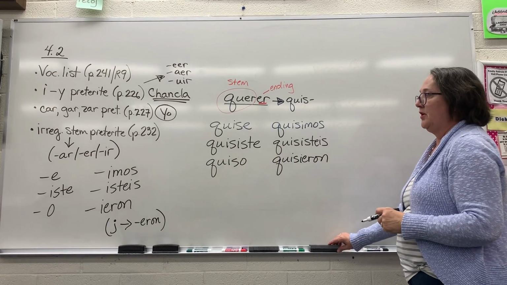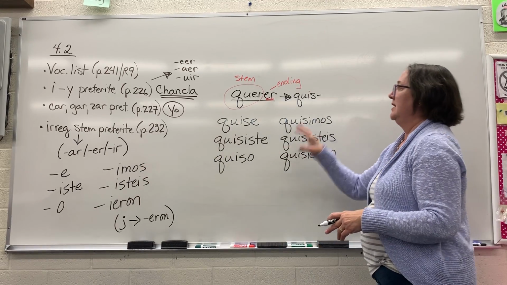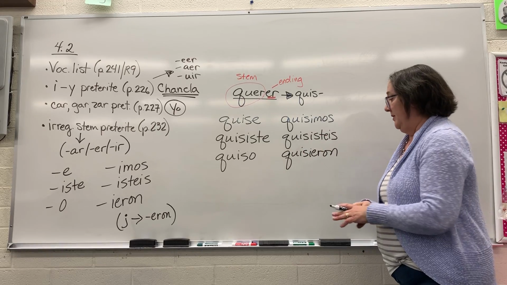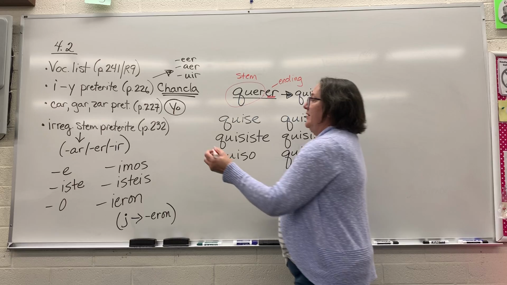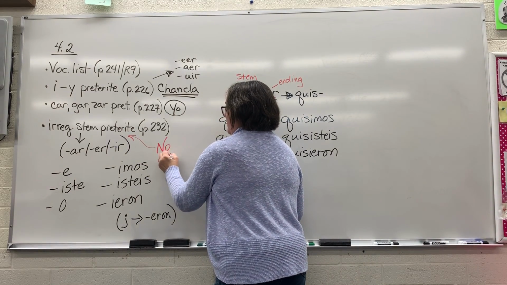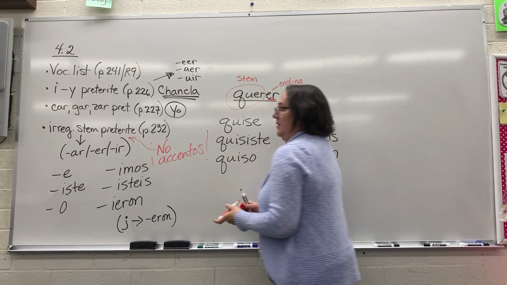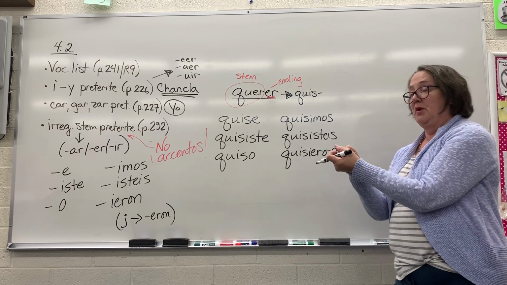Okay, so remember, their endings are combo endings of all of your regular preterites, plus you have to memorize your irregular stem. Now, here's the nice thing. It's kind of a pain, but the nice thing with these guys, no acentos. Okay, absolutely none. So at least we don't have to memorize accents for these. We just have to know the combo endings.